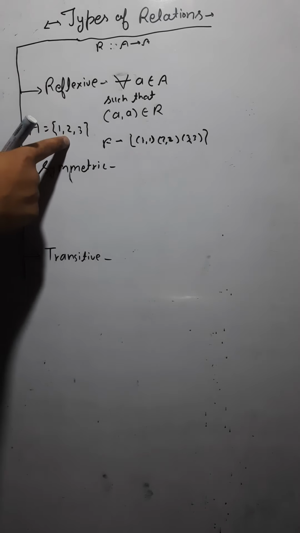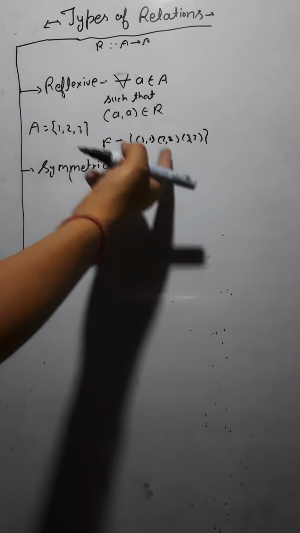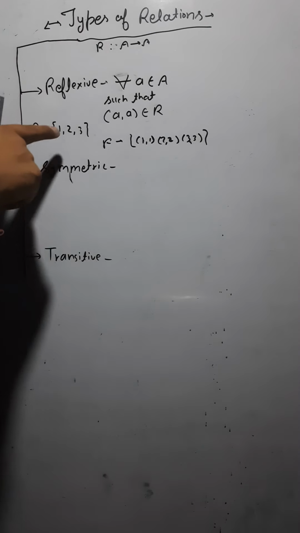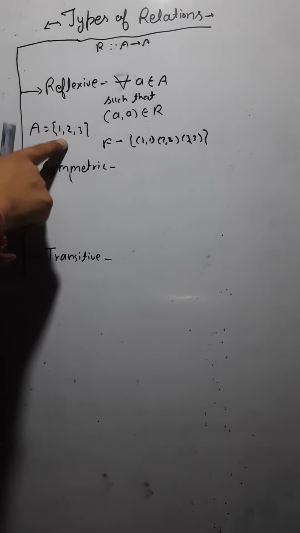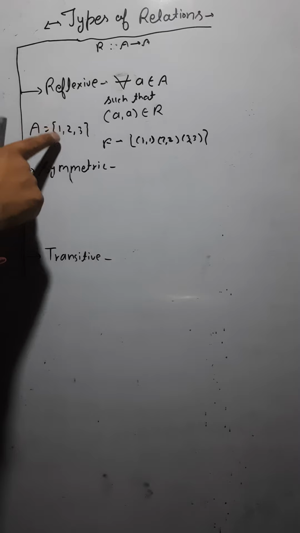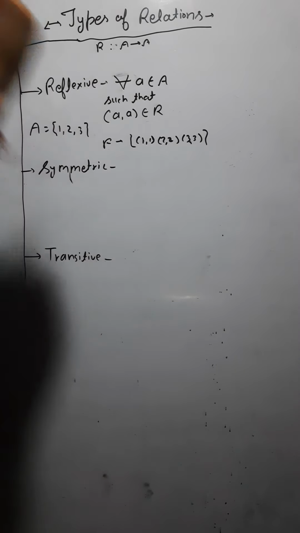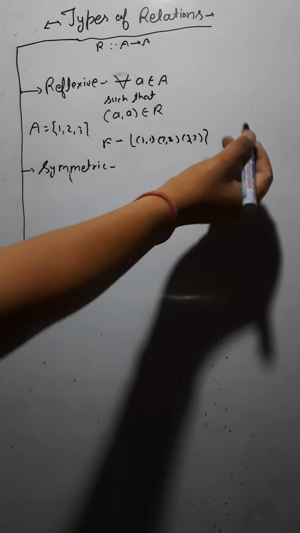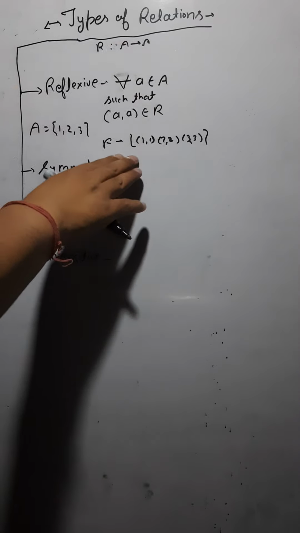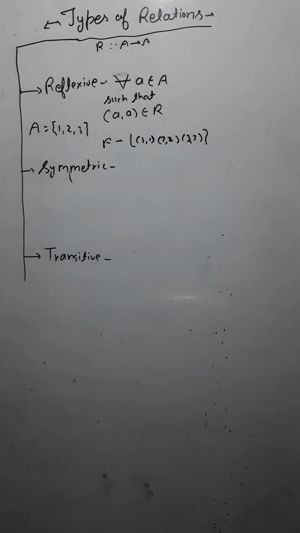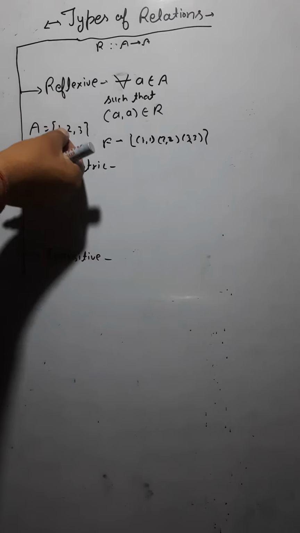If any element does not have its doublet in the relation, then you would not call it a reflexive relation. Means the doublets of all the elements should be there. These are the doublets: (1, 1), (2, 2), (3, 3). All the doublets should be there in the relation, so you are not going to leave out any single element.